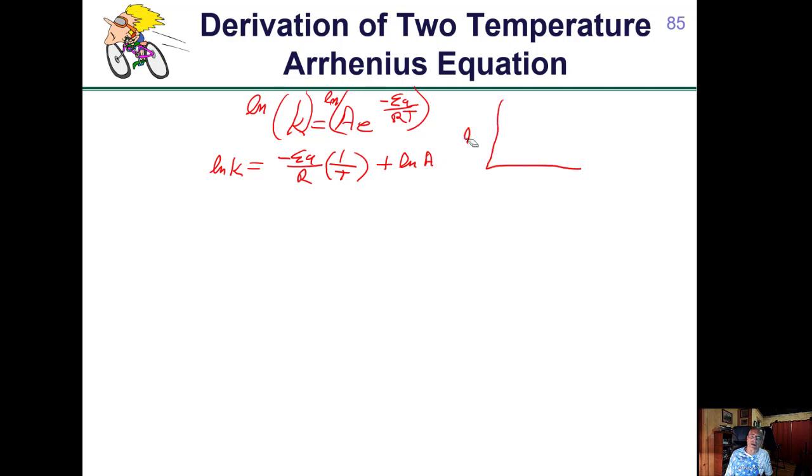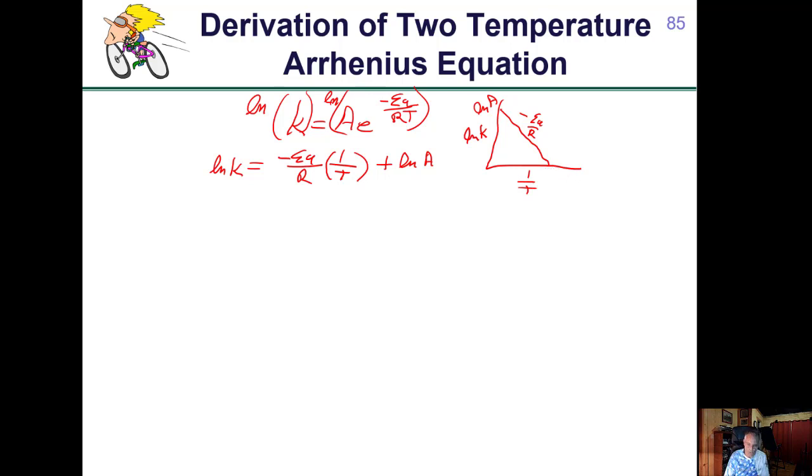The natural log of K is going to give me a straight line. Here is the natural log of the frequency factor. This is minus E of A over R and 1 over T on the x-axis.